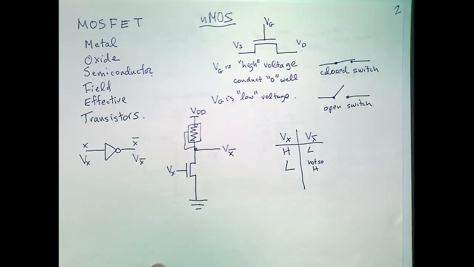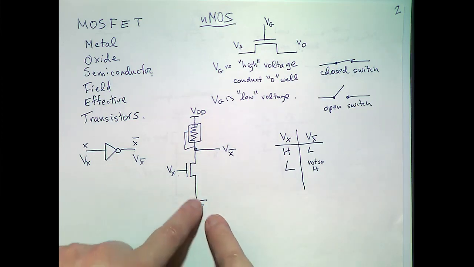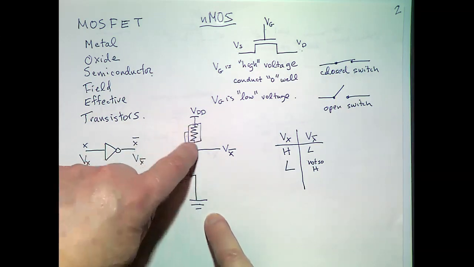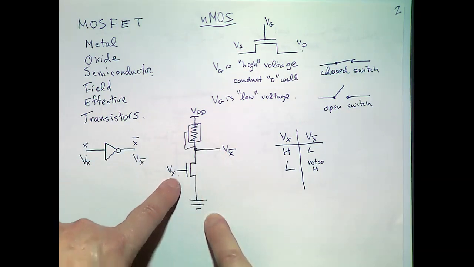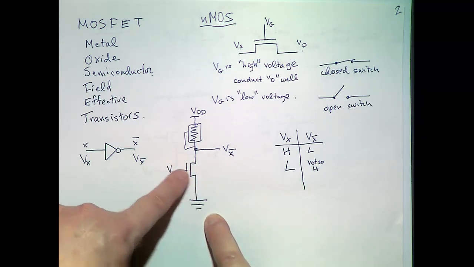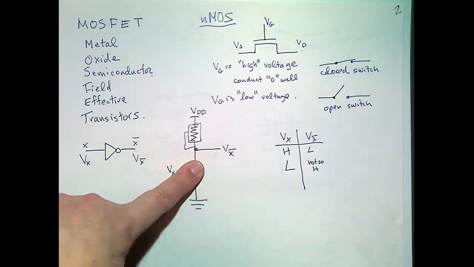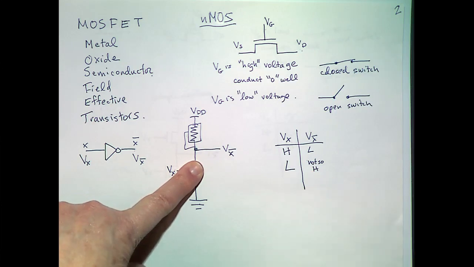Now we showed how we could build an inverter with an NMOS. The only problem was we needed a little magic to make it pull up the output when the input was 0, because when the input voltage is 0, this NMOS transistor is off, and we would like the output to be high for 1, right? An inverter is supposed to convert 0 to 1 and 1 to 0.